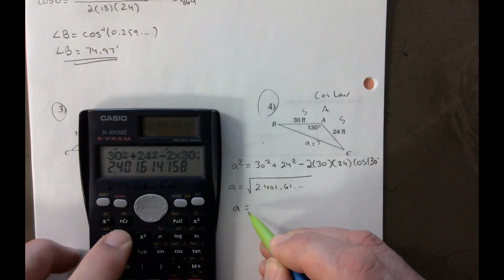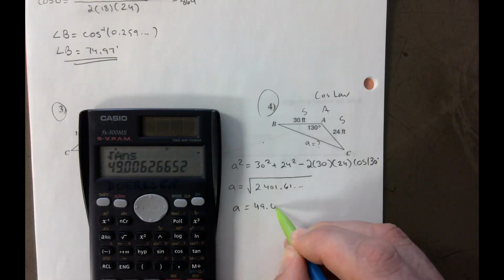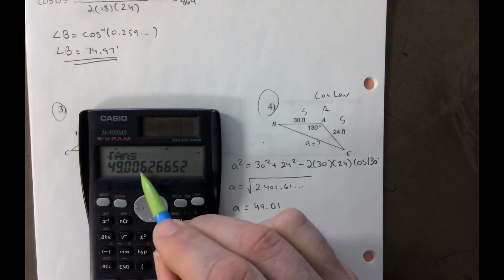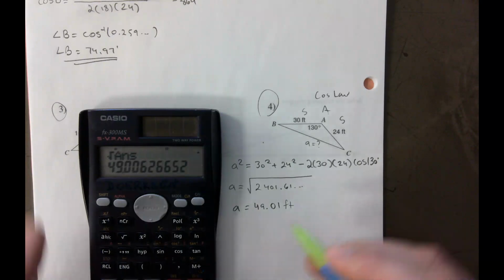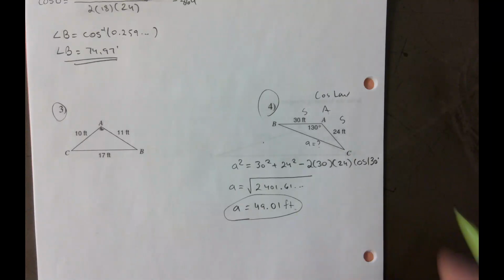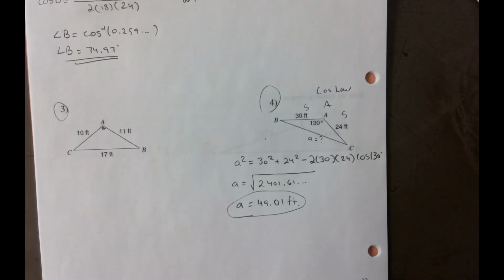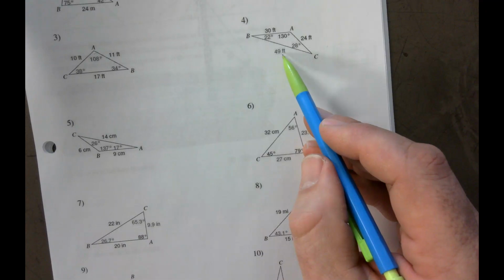You take the root of your answer, and that's 49.01, and we are in feet, okay? So here you're solving for a side, and if you check on page 26, they have it rounded to 49, which is still very close enough for us.